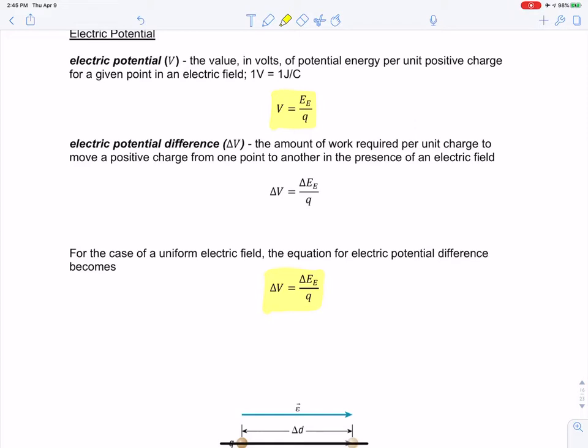Now, in a uniform electric field, we know the change in electric potential is equal to the work done.